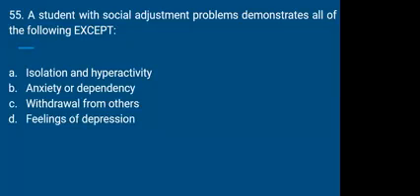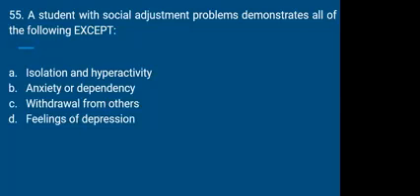Okay? So lahat yan sila may social adjustment. Yung parang takot sila, no? Takot sila makipag-socialize. So ano yung mga adjustment problems. Si anxiety or dependency, si letter B, parang ano din naman siya, di ba? Like parang part. Si letter C naman, withdrawal from others, of course.